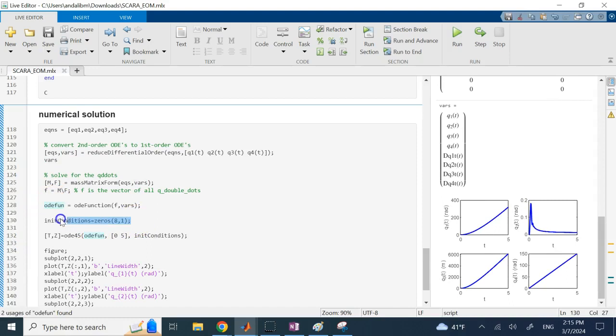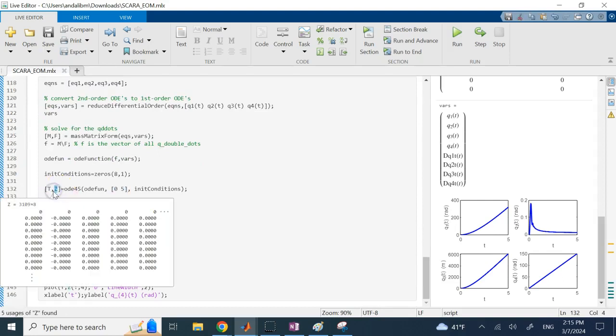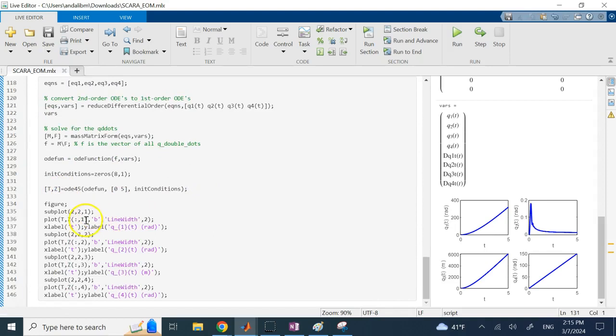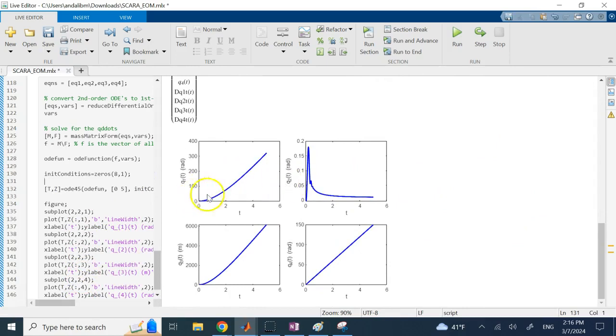Here I use all 8 initial conditions of 0 and solve these ODEs for 5 seconds. And then I plot the solution. Z has 8 columns. I plot the first, second, third, and the fourth column, which correspond to Q1, 2, 3, and 4. And these are the results of my simulations.